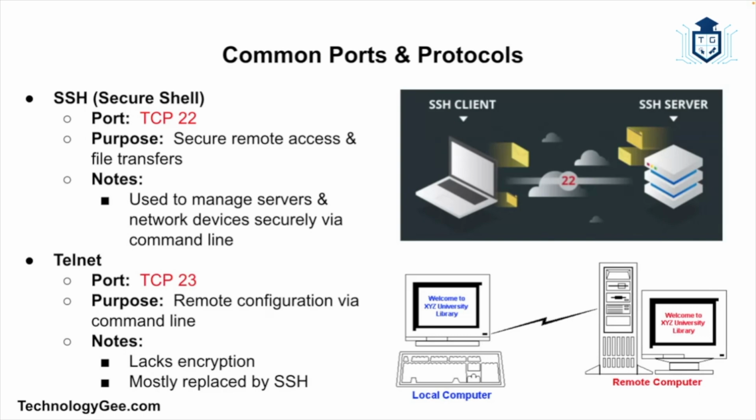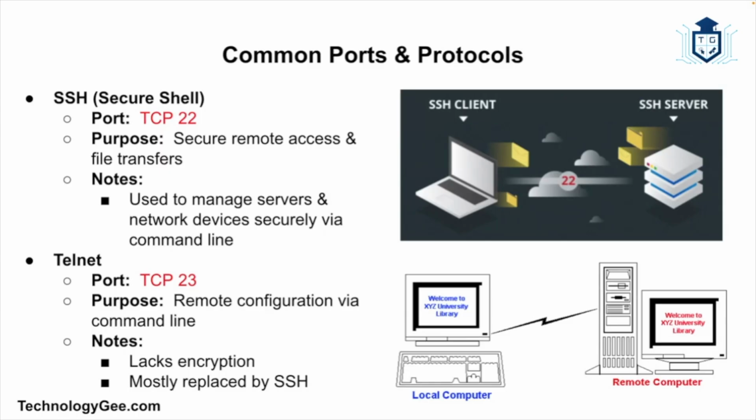Next is Secure Shell, or SSH, which uses TCP port 22, and its purpose is to provide secure remote access and file transfer. SSH is widely used by admins to remotely manage Linux servers and network devices securely via the command line. Then we have Telnet, which uses TCP port 23, and its purpose is to provide remote access to devices, mainly for configuration.